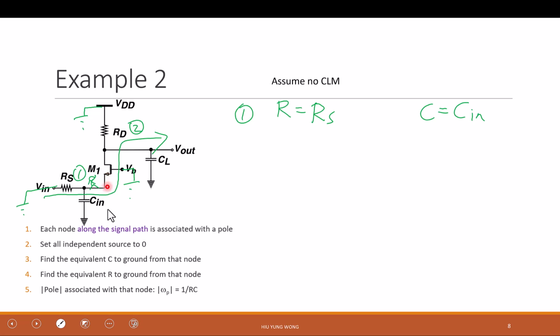And someone already gave me the answer. Someone said 1 over Gm. But why is that? Why is this 1 over Gm? No CLM is one thing, but what type of... okay. So he said the gate is grounded, no CLM, so it's 1 over Gm. And this is like the input impedance of a common gate amplifier.